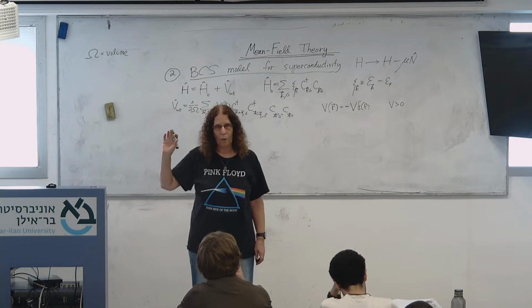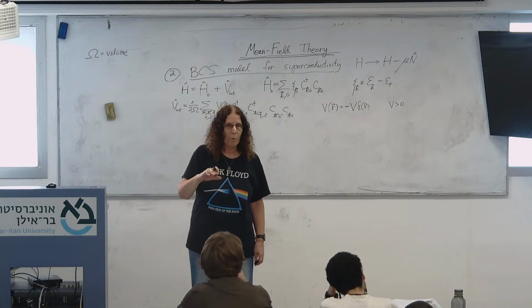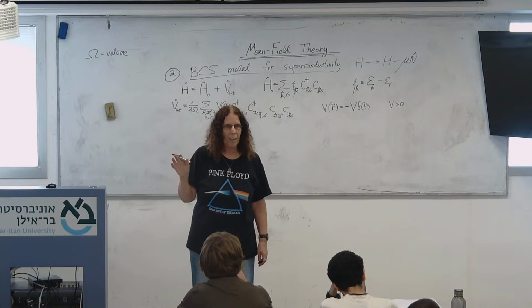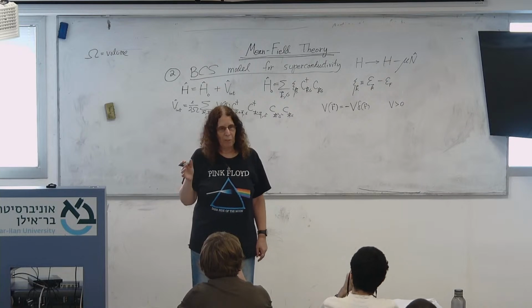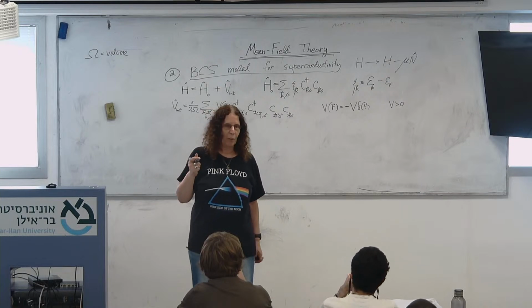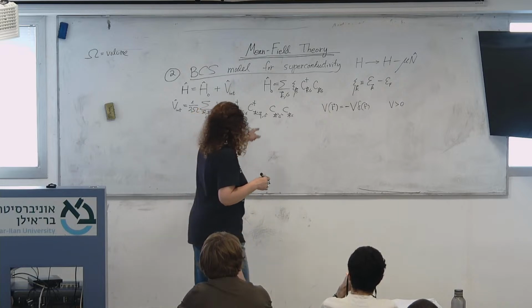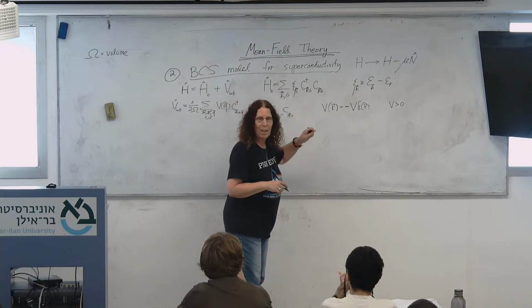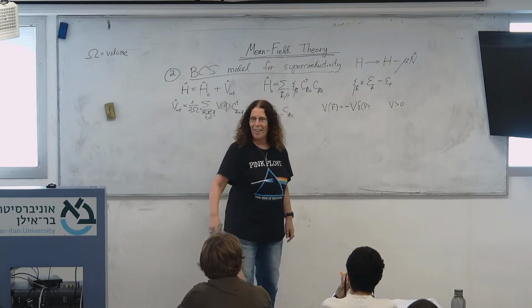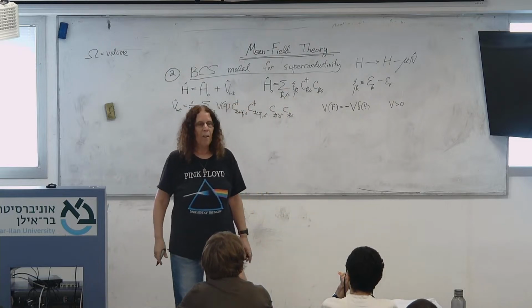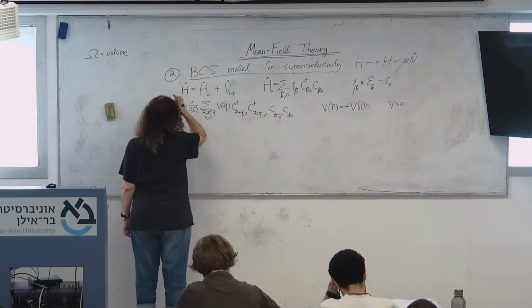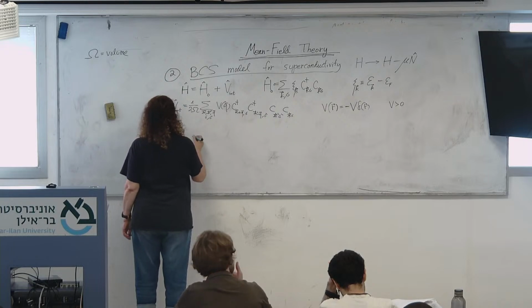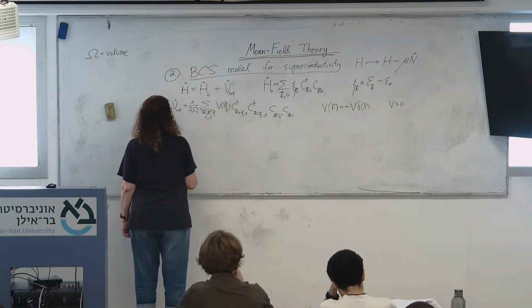Okay, it may include other terms. Maybe some of them will even have positive sign, in which case we can deal with them using the Hartree-Fock that we did before, and all it will do is to change the V to some effective V. Okay, and this is taken care of, but this particular part of the interaction that BCS have accounted for, it is the following. And this is what we'll take in our model.